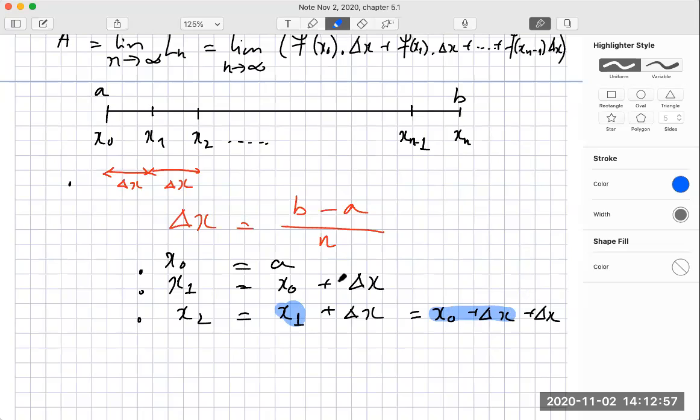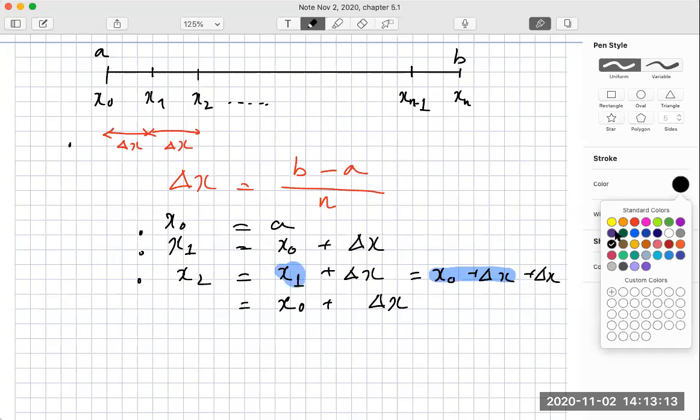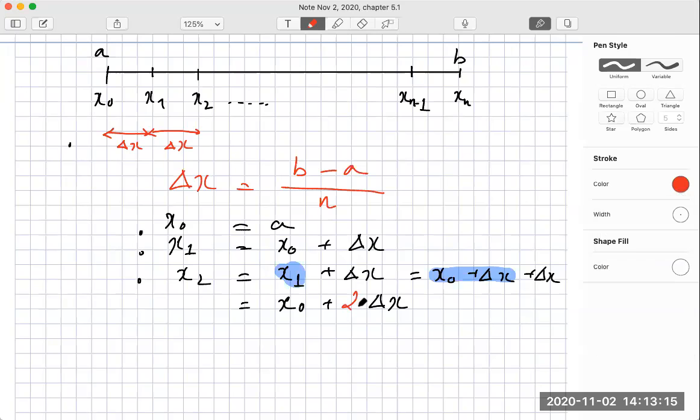So this implies that x2, what is it? If we write it in terms of x0, it would be? Yes, times 2 here, right?